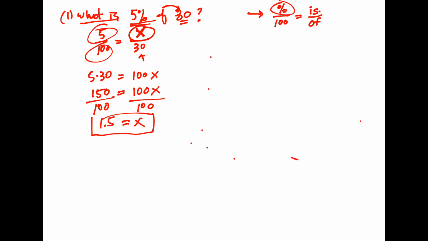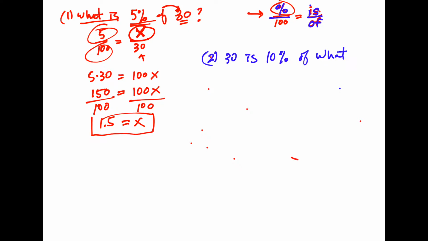Whatever our percentage is, that goes over the 100. So we have the percent over 100. 100 kind of always stays there. And we set that equal to the is over of. So let me show you another example of that. Let's say we had 30 is 10% of what?